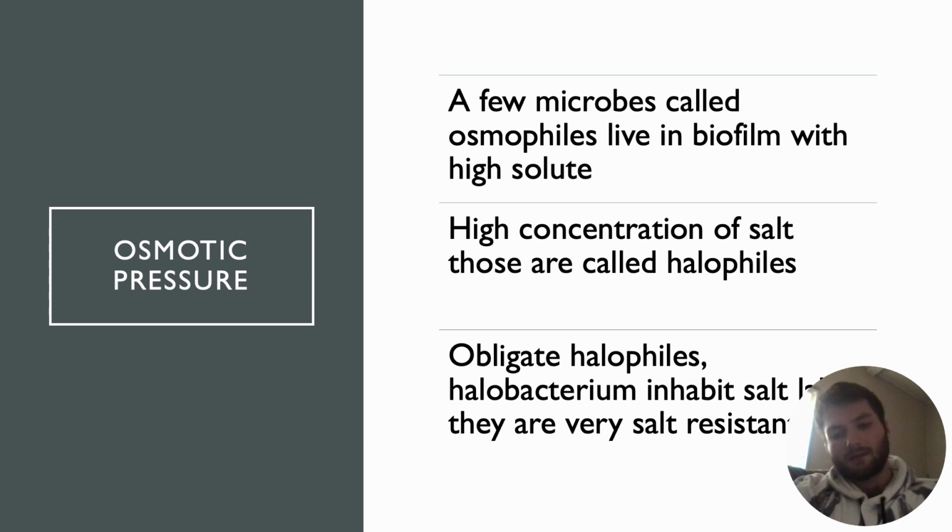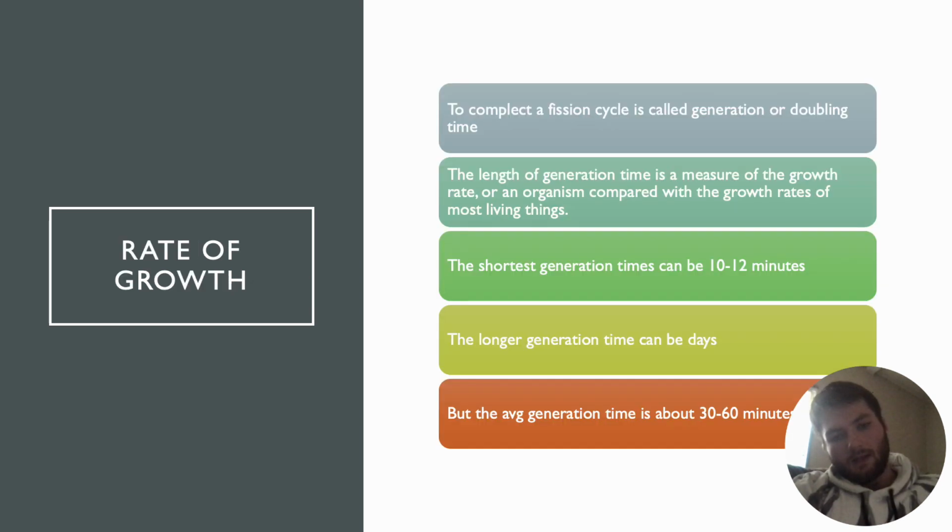So you got all kinds of different microbes, and the rate of growth. The time to complete a fission cycle is called generation or doubling time.